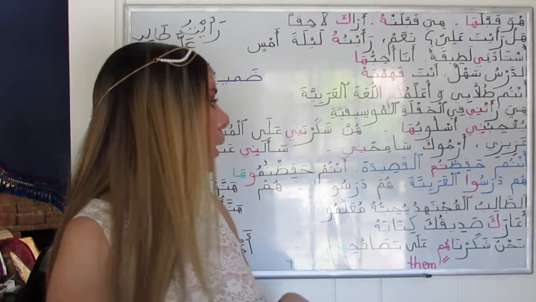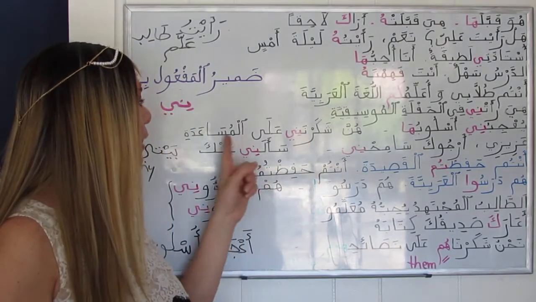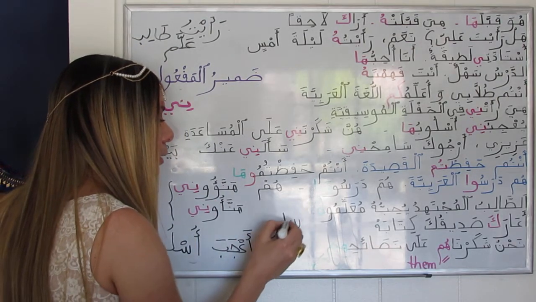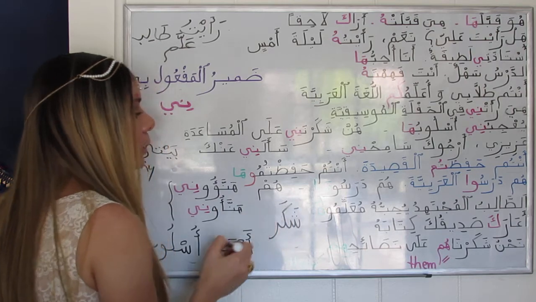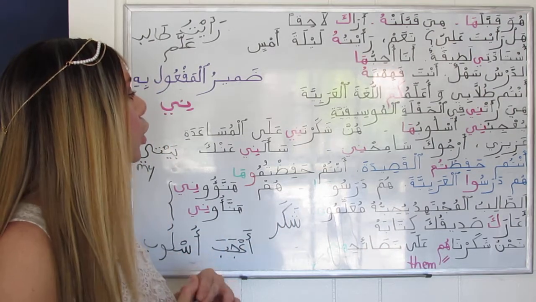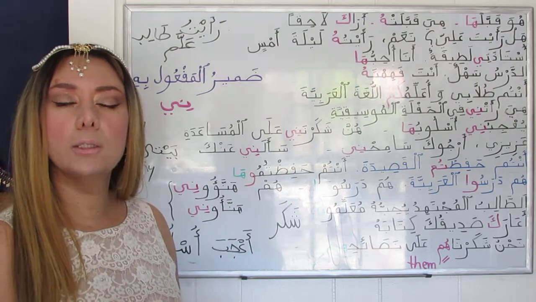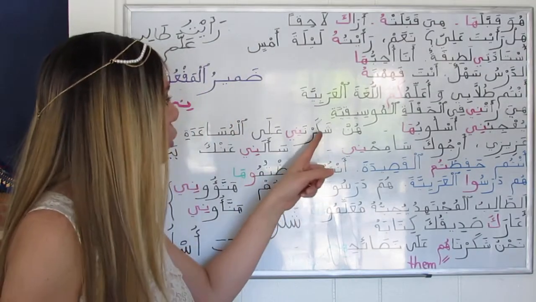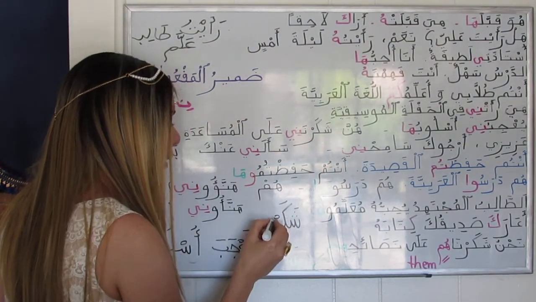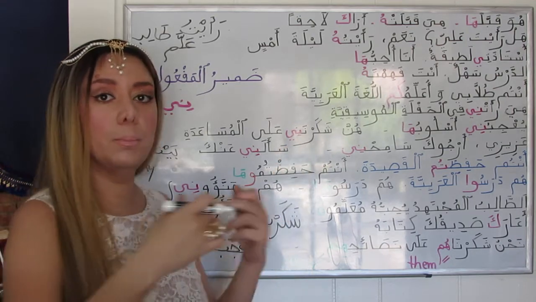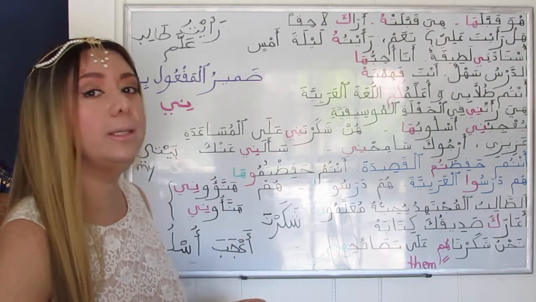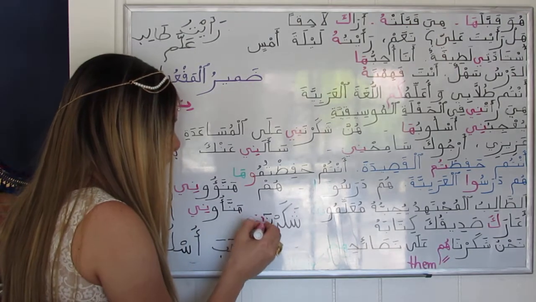يعجبني أسلوبها. هن شكرنني على المساعدة. The verb شكر, to thank. شكر, form 1, sound verb. هن, it is conjugated in the past tense, third person, feminine, plural. هن شكرن, because they thanked me, so this is the conjugation, we will add the ni. شكرنني.